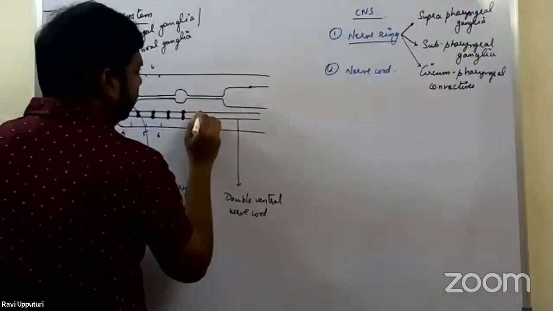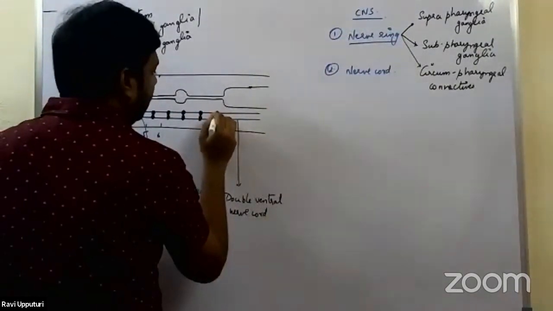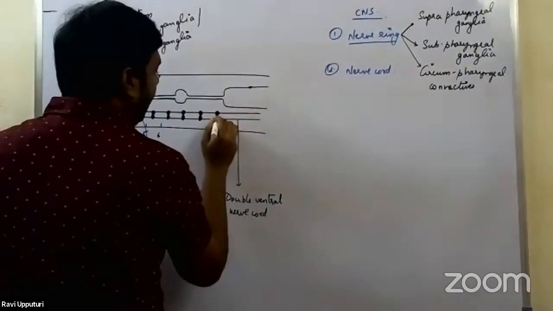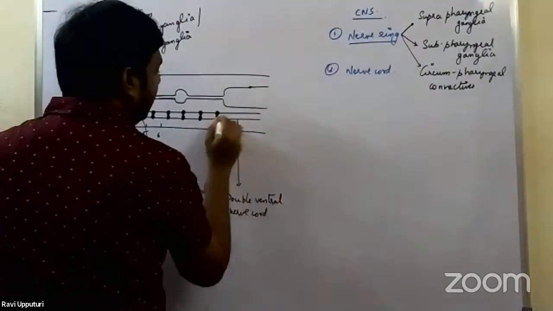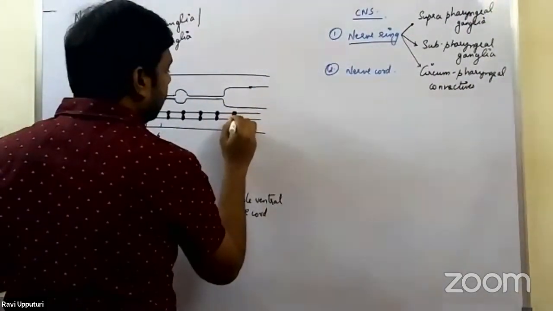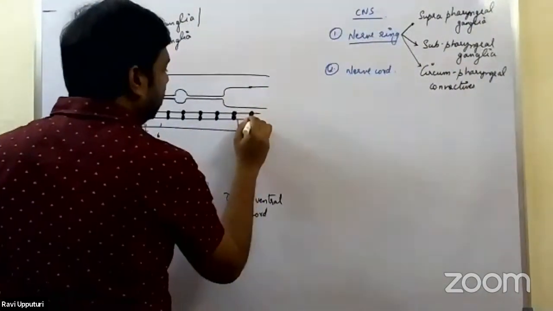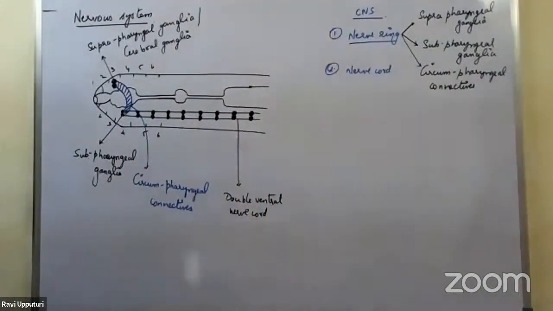In all of the segments, from the fifth segment till the end, these segmental ganglia are present. So all these are the segmental ganglia.